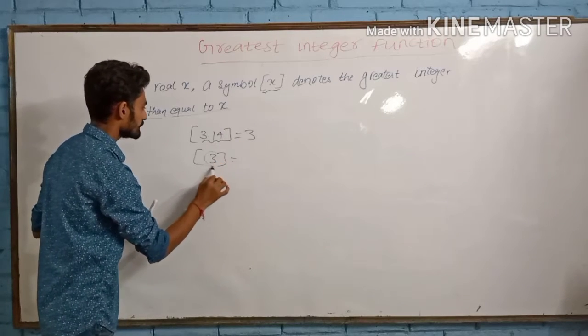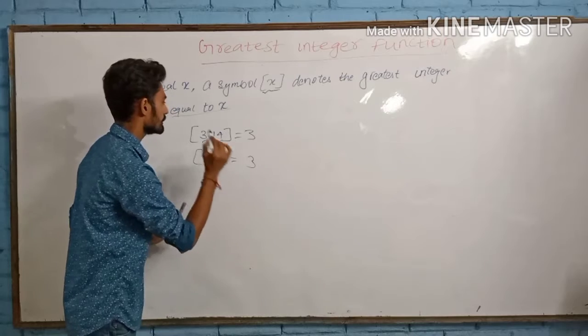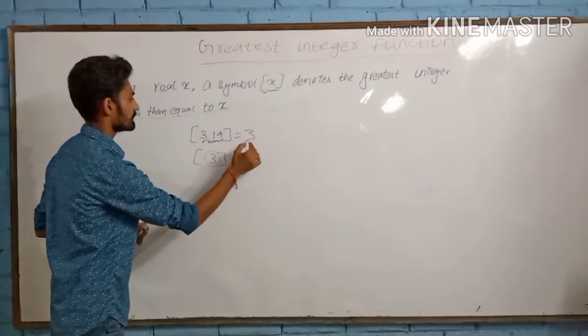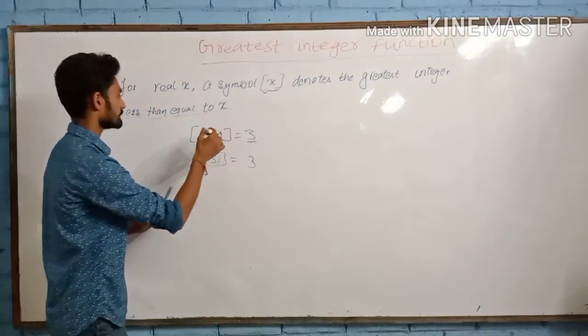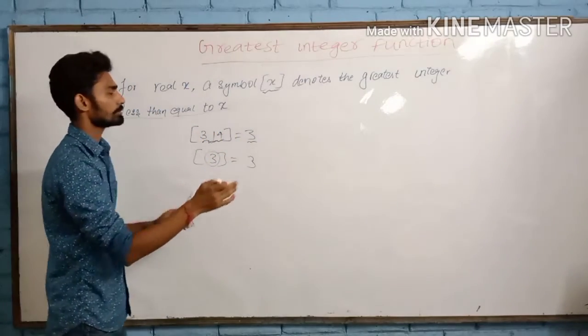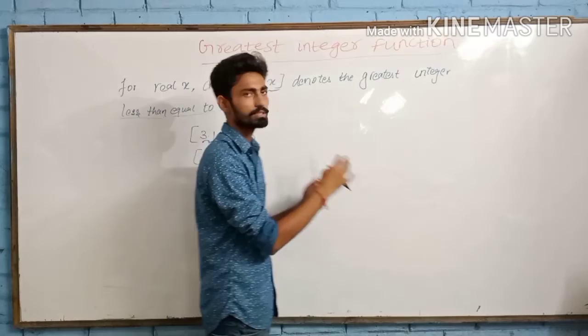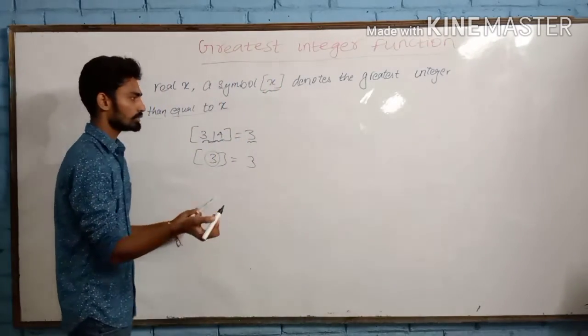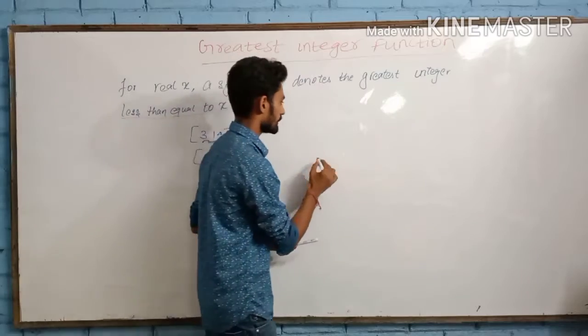If x is integer then output is also integer. If x is non-integer then output is also integer, but we have to take here the greatest integer less than or equals to x.